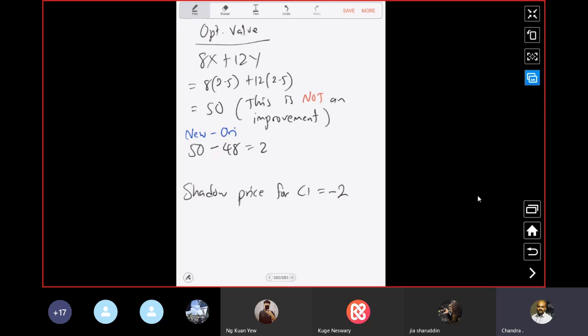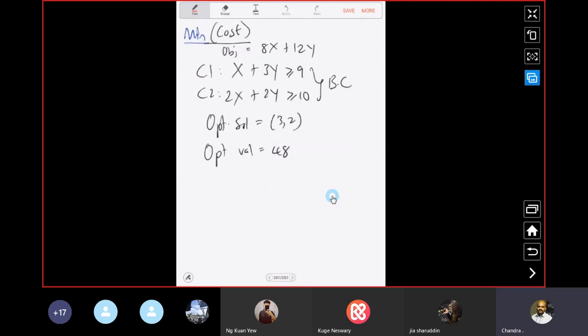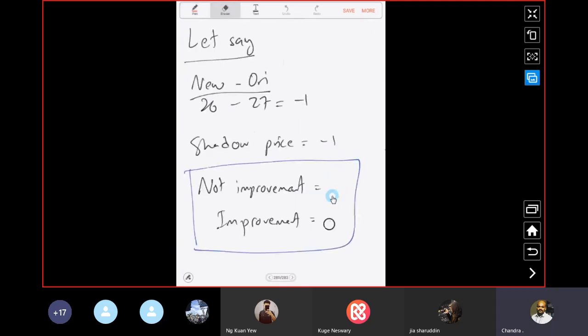Why negative? Remember, because it is not an improvement. Not improvement means negative. Remember what I told you here. In general, I can write it like this: not improvement means negative, improvement means positive.